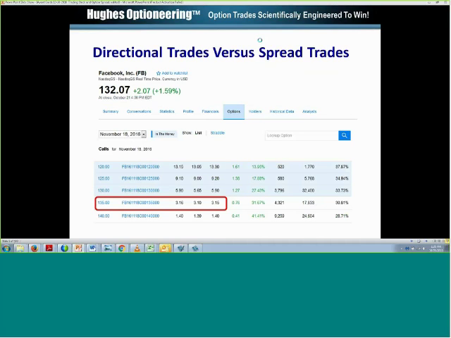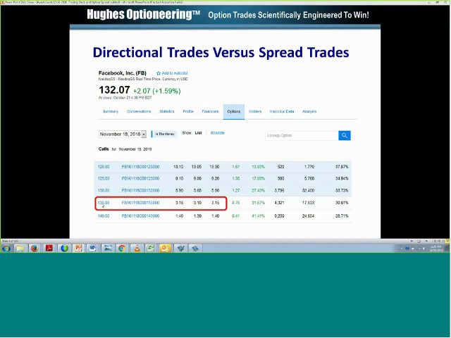Here I took a snapshot of Facebook option chain recently. Facebook was trading at 132.07, and if we were going to buy the 135 strike call, this option is about 1 month out.